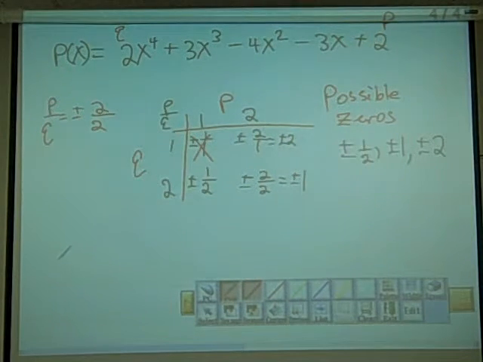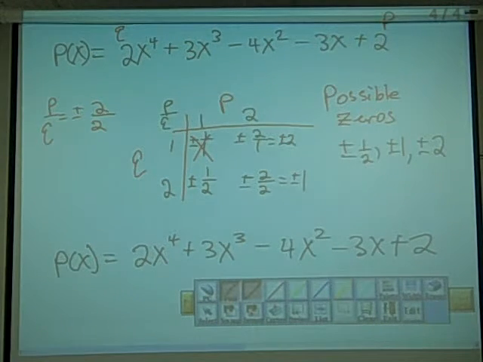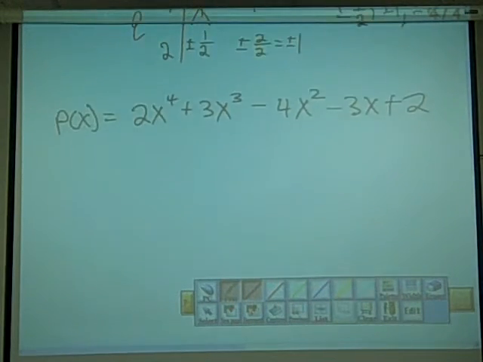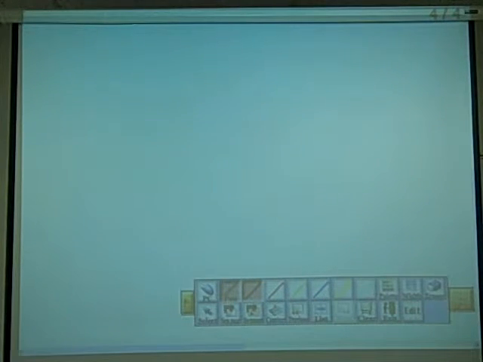We have our polynomial, p of x, and I'm going to rewrite it again: 2x to the 4th plus 3x cubed minus 4x squared minus 3x plus 2. And we know that we have 1, right, as a factor. So we're going to look for the other factor.